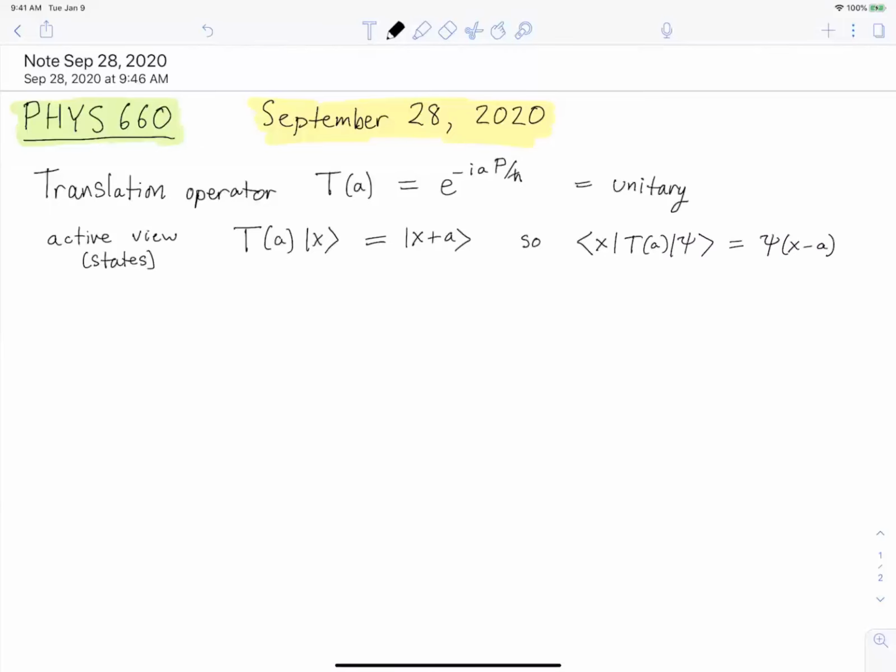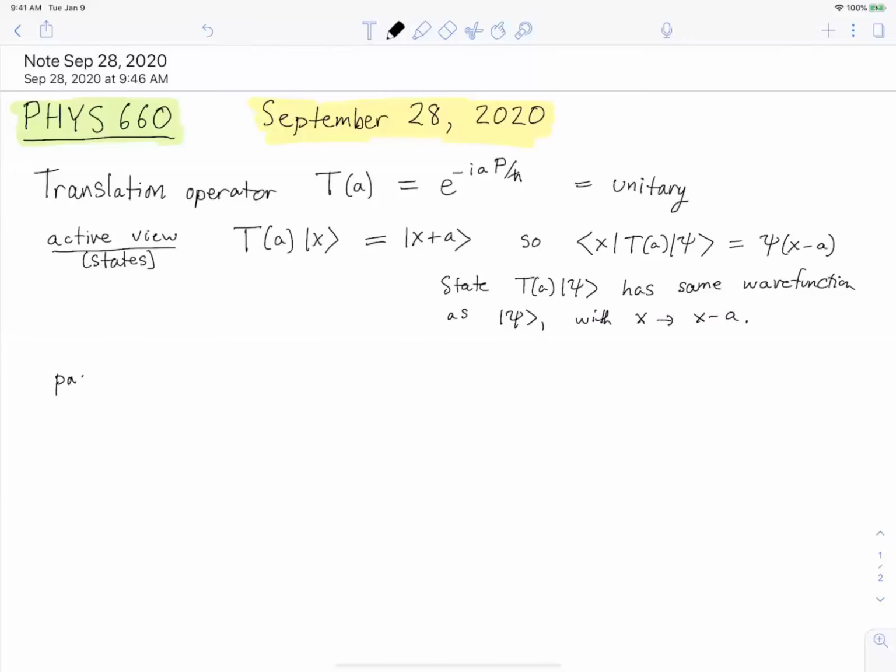In other words, the state T_a acting on psi has the same wave function as does the original state that we were acting on, but with x replaced by x minus a. Okay, so that's the active view. And then there's alternatively the passive view, which is what we actually did first last time.